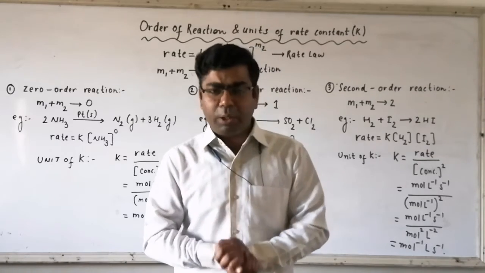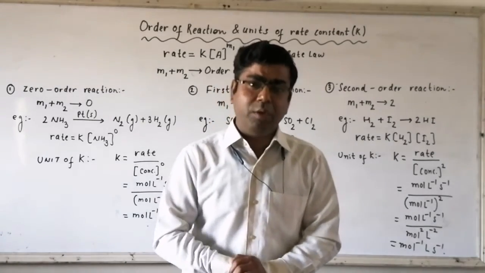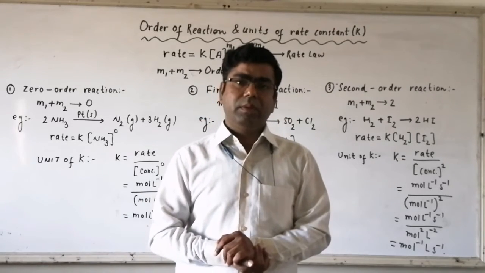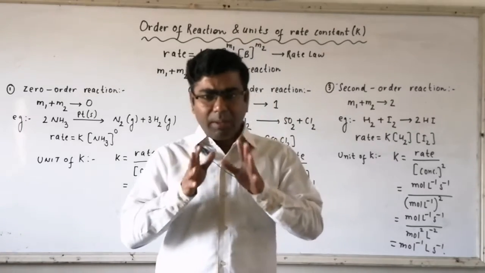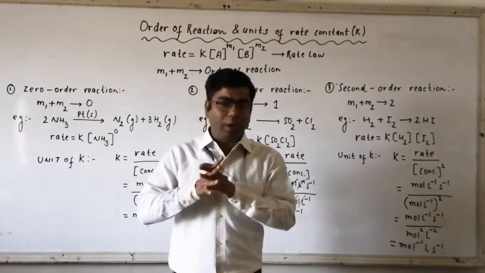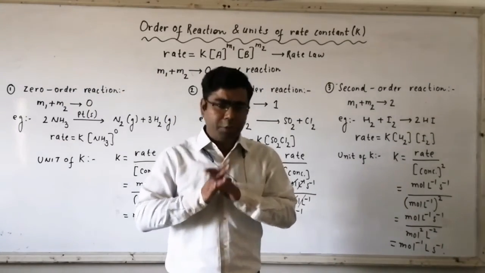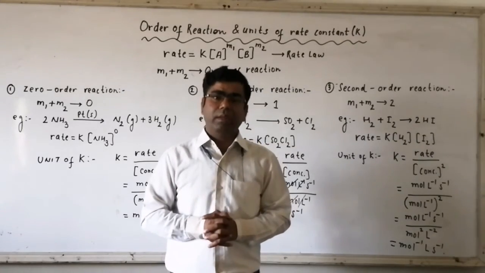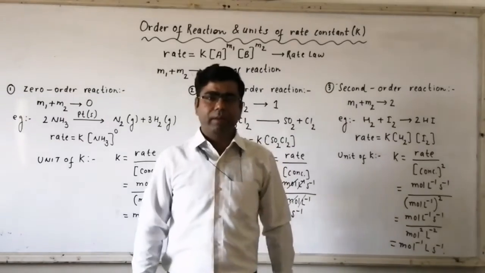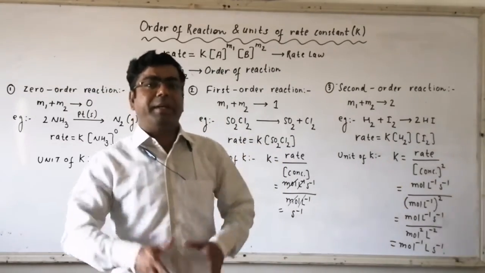The ammonia molecules undergo decomposition when platinum surface is available. If platinum surface is not available, then ammonia molecule will not show decomposition. It means platinum surface here forms the limiting factor.